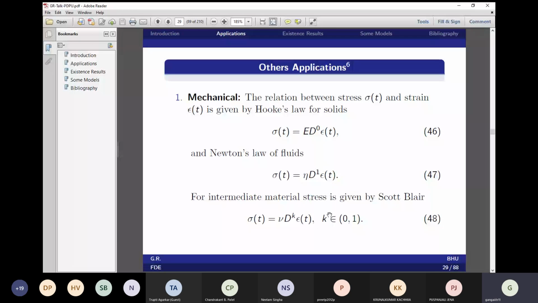It means that to find the stress of the intermediate position between a liquid and a solid, we can use the fractional derivative. This is a very nice application of fractional calculus. Basically this relation is called the Nutting law for viscous materials.